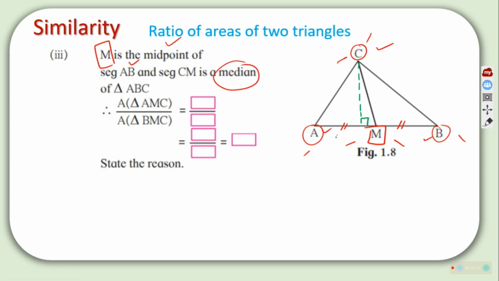As far as base is concerned, the first triangle is AMC, this is the base, and BMC, this is the base. And you are asked to compare the ratio.